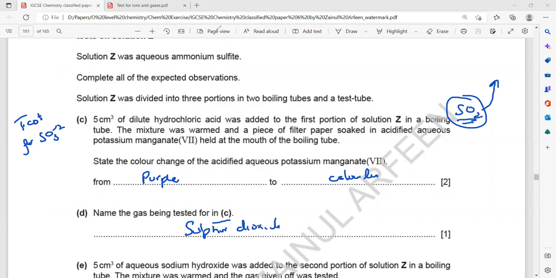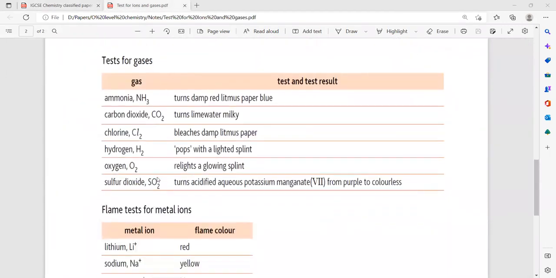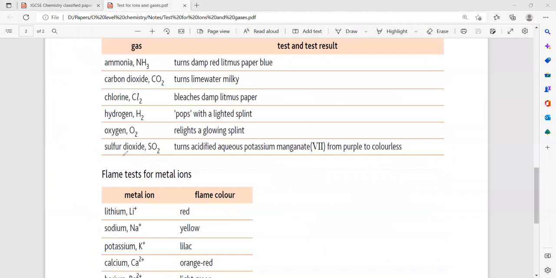And you can check the test for sulfur dioxide gas. What is the test for sulfur dioxide gas? Sulfur dioxide gas turns acidified potassium manganate from purple to colorless. So it is a reducing agent.